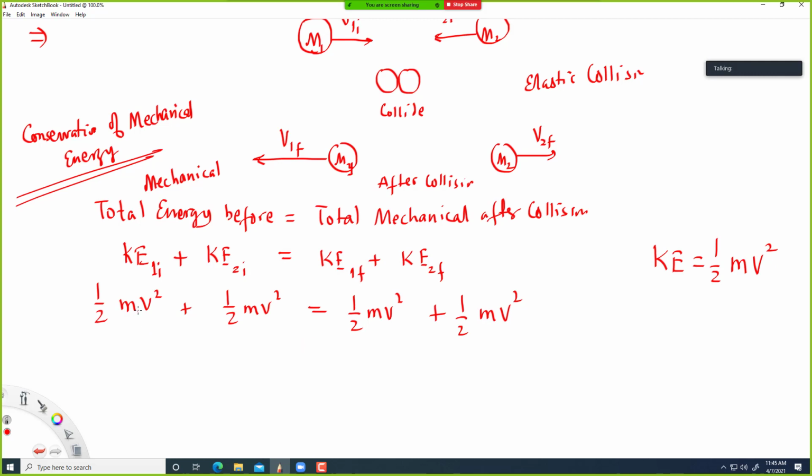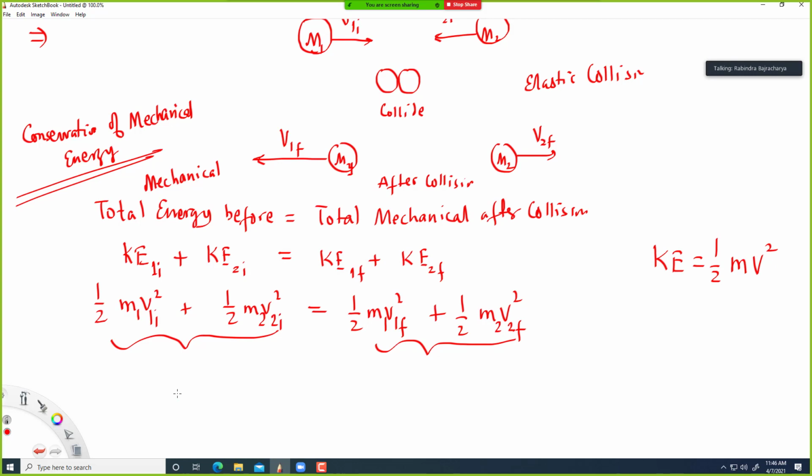So I'll be using 1 for mass 1, 2 for mass 2. Velocity is 1 for the first mass, 2 for the second mass, and this whole thing is before collision, so I need to use I. This whole thing is after collision, so I use F. So that's how you express them.